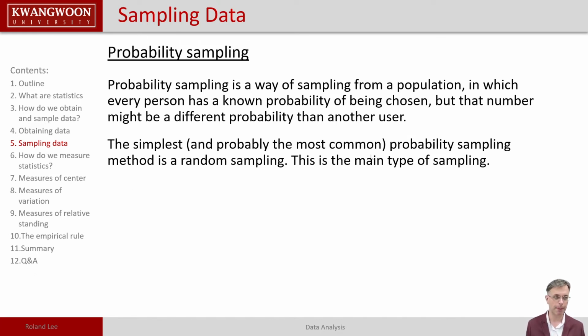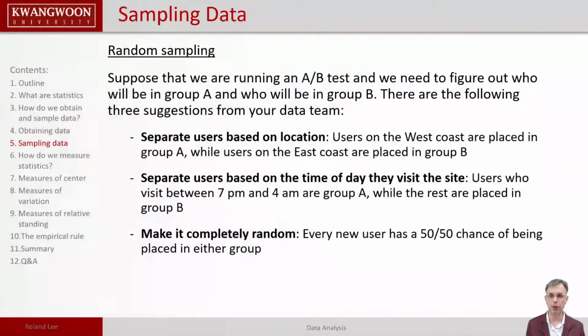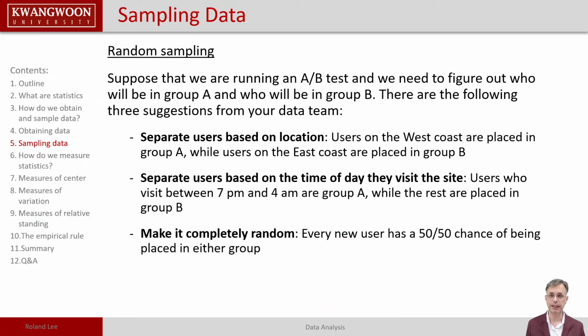So, random sampling. Suppose we actually run an A/B test, and we need to figure out who should be inside group A and who should belong to group B. Therefore, there are three suggestions, from your data team, or from your team, or from yourself.